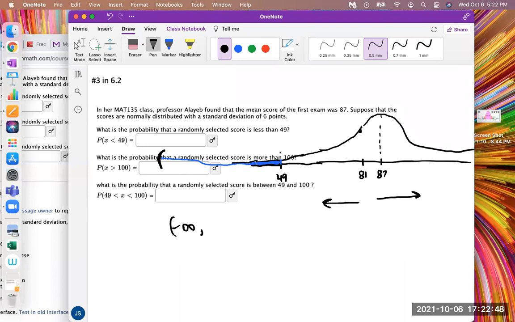Then on this side, if I read it from left to right, I tell where the shading starts, and I mention where the shading ends. The shading is ending right at the 49 there, and it's including 49, so I use a square bracket here.